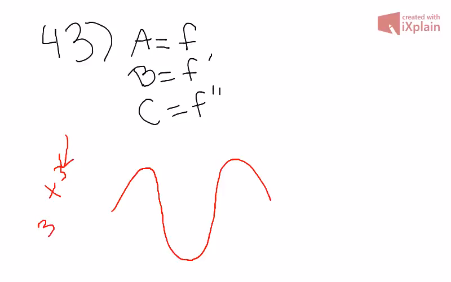This would be like 3x squared. So the derivative function would have fewer of these little curves because it's an x squared, okay? So then we look for something that has the next amount of curves, and we see that B has 2 curves. It goes kind of like this and then like that, okay?